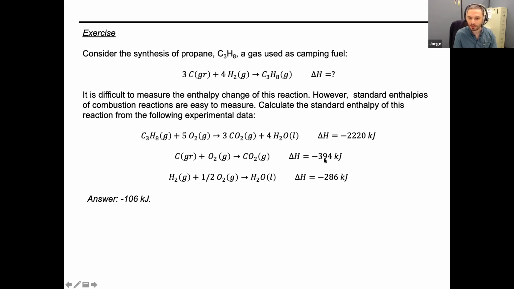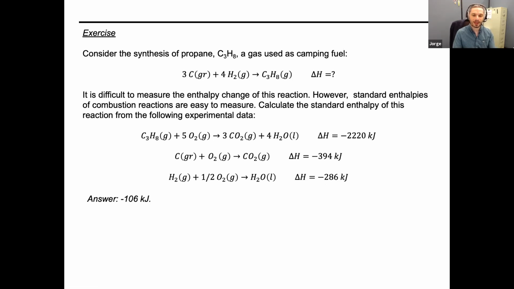Don't forget to multiply the delta H by 3 as well. And finally, the last reaction, we did not flip because it already shows hydrogen on the left side. However, we multiplied by 4 because it has to match the coefficient in the problem reaction. So multiply the whole thing by 4 and the delta H by 4 as well.